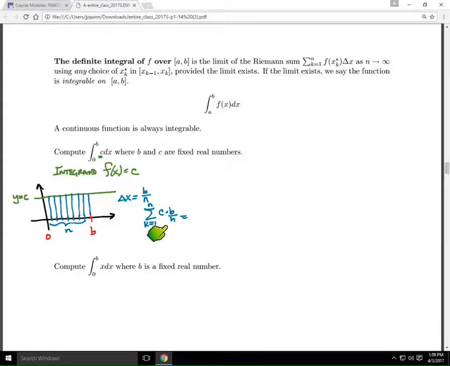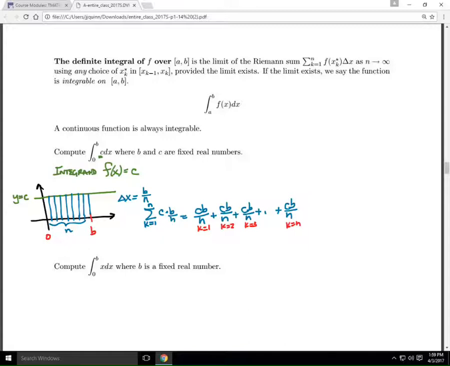Notice in the summand, k isn't involved anywhere at all, so when k equals 1, we would be adding c times b over n. When k equals 2, we will be adding c times b over n. When k equals 3, we will be adding c times b over n. All the way up to when k equals n, we will be adding c times b over n.